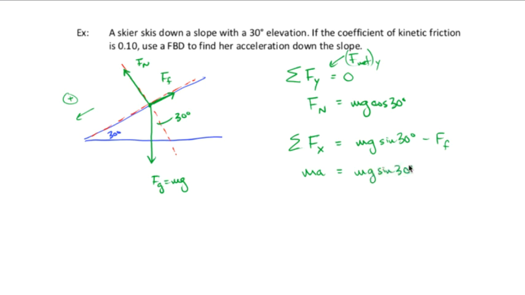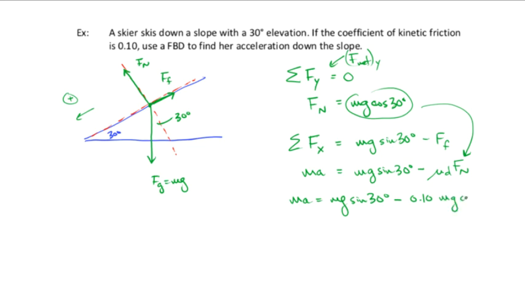Now, the frictional force is equal to the coefficient of dynamic friction, because she's moving, multiplied by the normal force. And the normal force we worked out up here. So we're going to sub that in. ma is equal to mg sine 30 degrees minus 0.1, which is the value that we're given in the question, times the normal force, which is equal to mg cos 30 degrees.